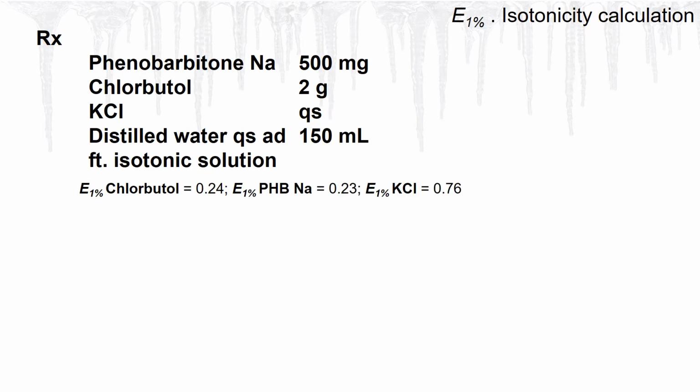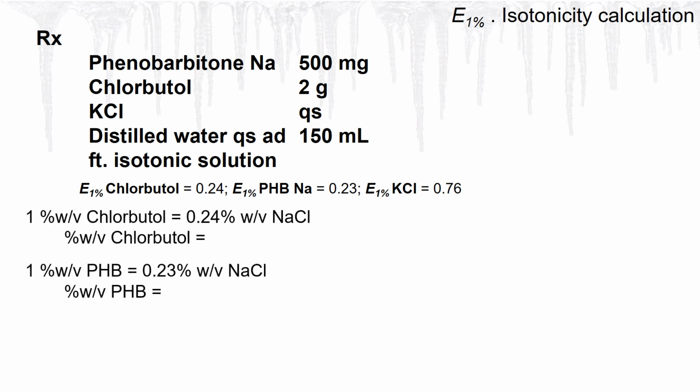In this example, we couldn't find any sodium chloride, so what we have to do now is convert each of the ingredients to its equivalent in sodium chloride. With that, you need the value of E 1%. In case E 1% is not given, you are still able to calculate it from the freezing point depression value for each of the ingredients and sodium chloride.